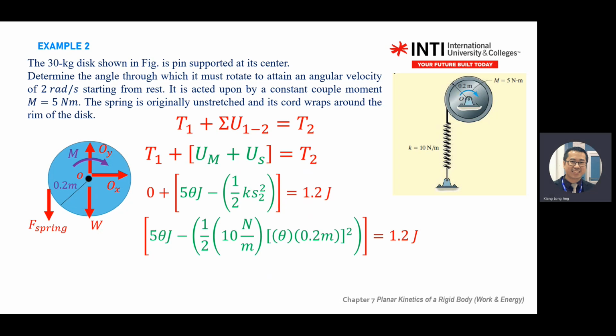S equals r theta. But remember the square. Some of you know the general formula, but when you go into substitution, you forget the square. Don't repeat the same mistakes. So only one unknown inside this linear equation, which is theta. Again, what is the unit for theta? You find this one.